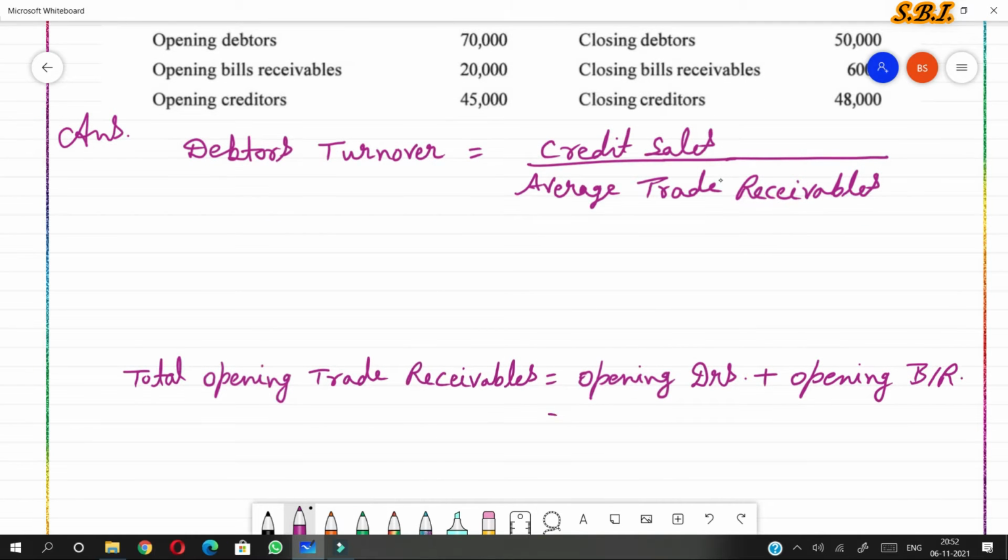Opening debtors are 70,000, opening bills receivable 20,000. So total opening trade receivables are 90,000.